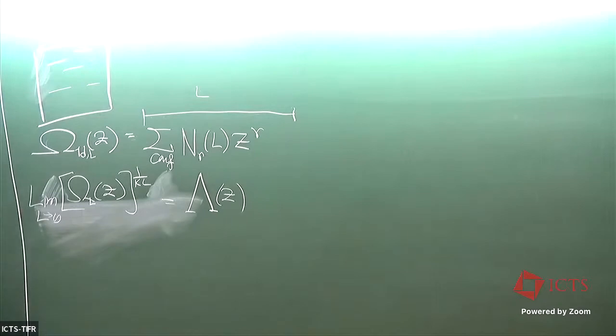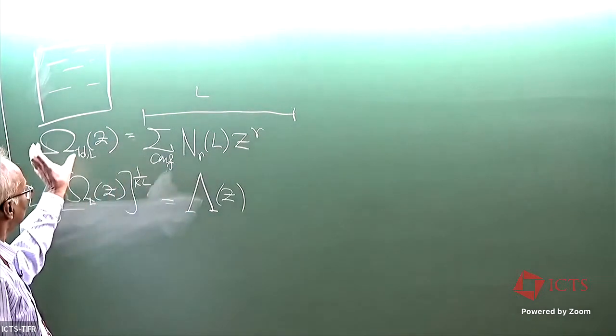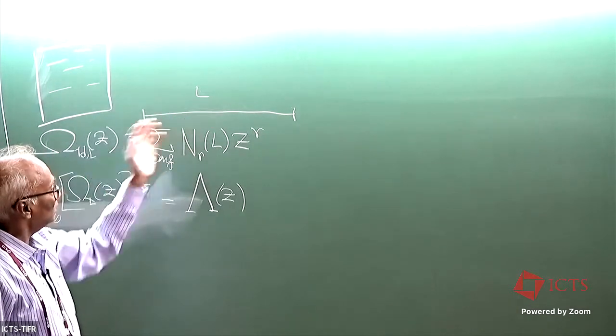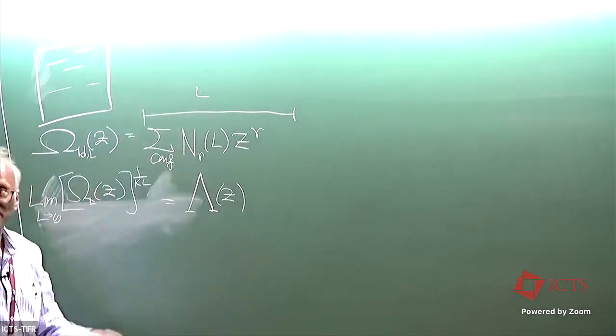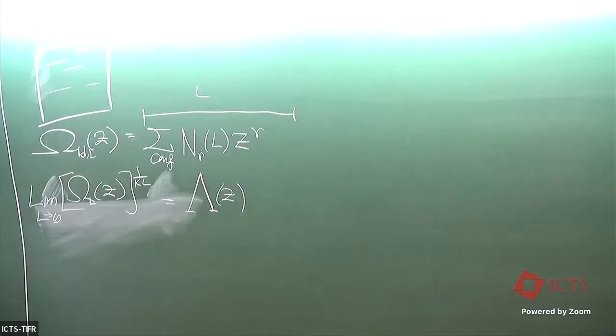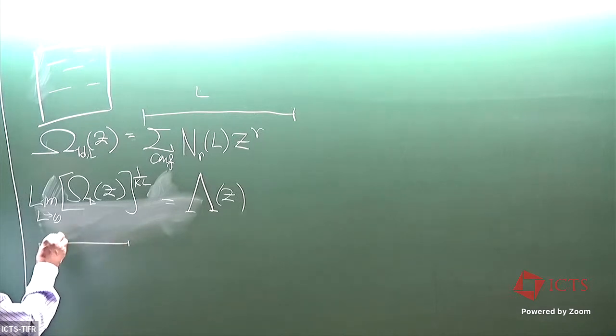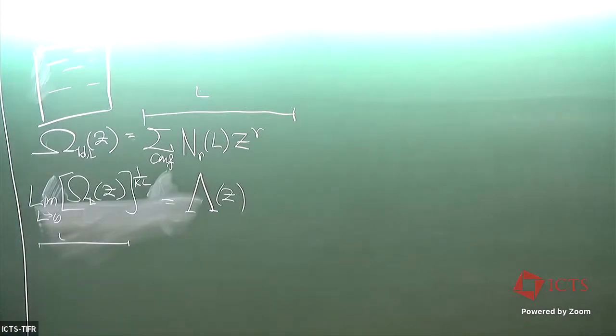Okay, but finding this lambda of z is a 1D problem. You can solve the problem in 1D and then just multiply as many layers as there are. So for the 1D problem, if you have a rod of length L, either the left end will be empty or it will be covered with a rod. If it is covered with a rod, then the remaining stuff is L minus K. If it is not covered, it is L minus 1.